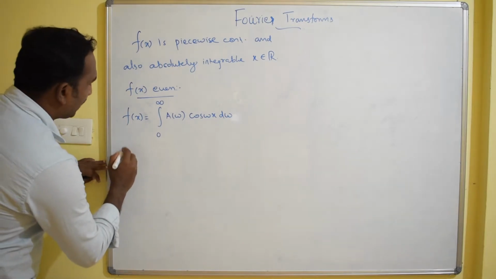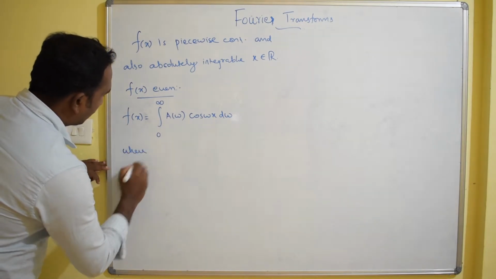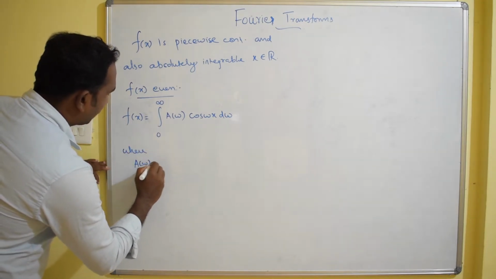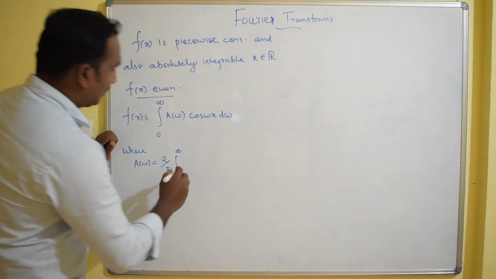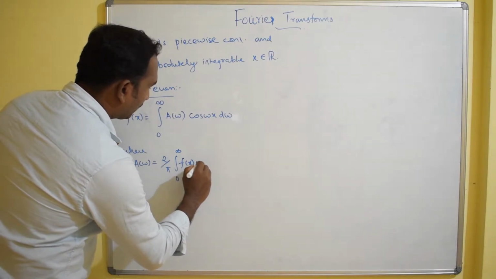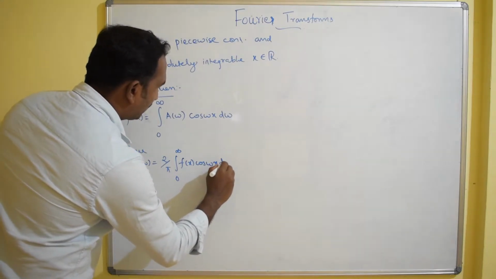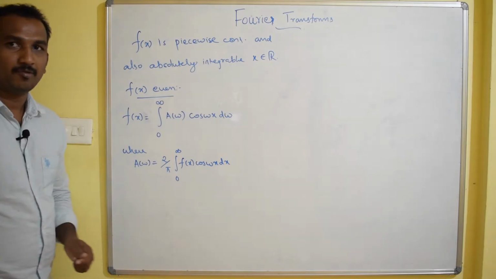We know what A omega is: A omega is equal to 2 by pi integral 0 to infinity f of x cos omega x dx.